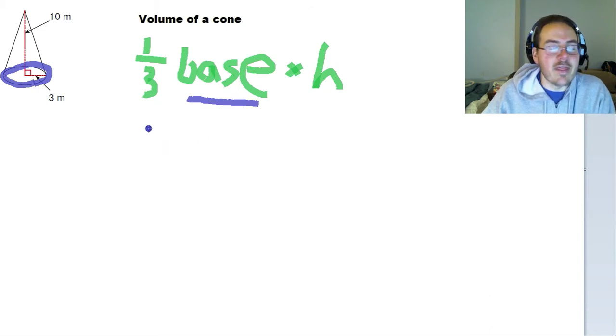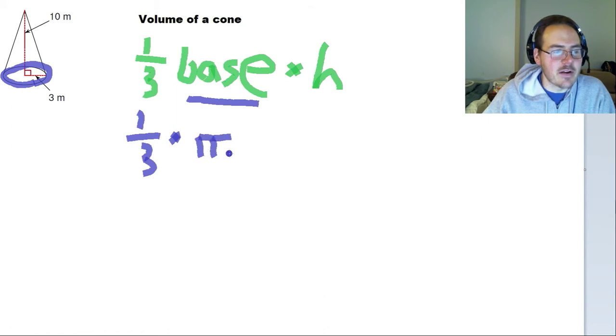So that means we're going to do 1/3 times our area formula for a circle, which was our first shape we did today. So that'd be pi r squared times the height.